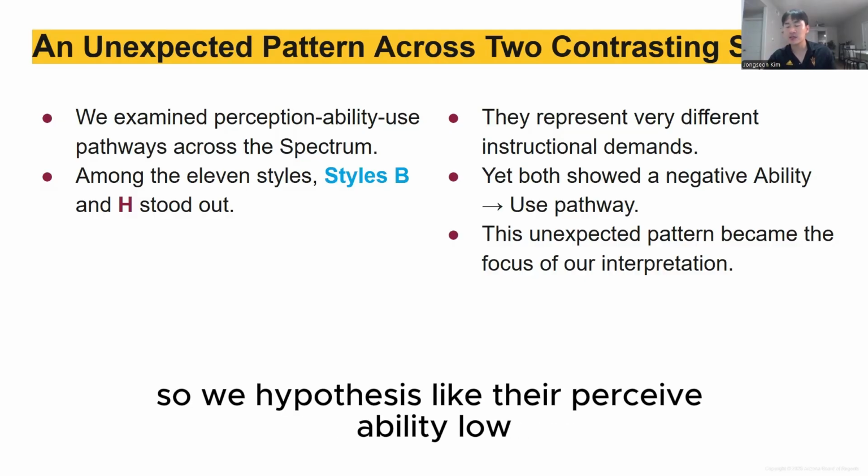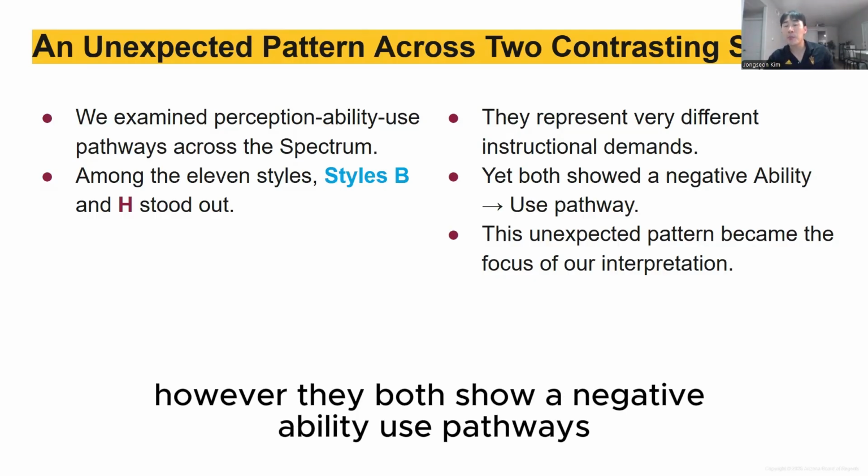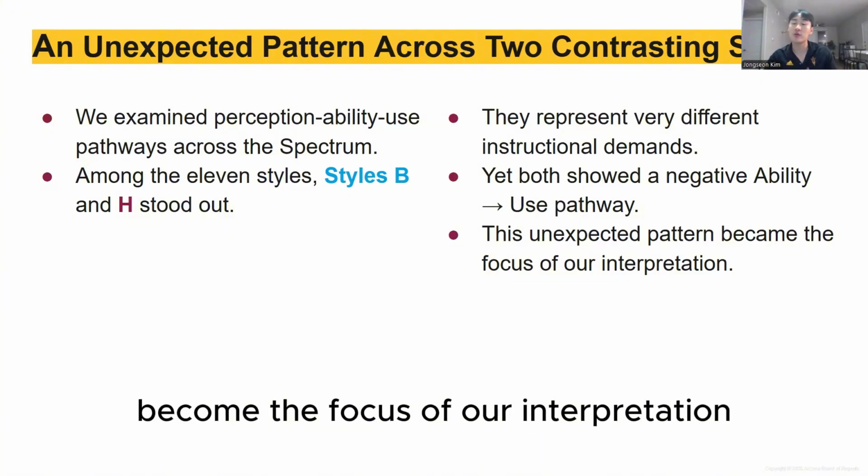So we hypothesized that if their perceived ability is low, they will not use this teaching style. However, they both show a negative ability use pathway. These unexpected patterns become the focus of our interpretation.